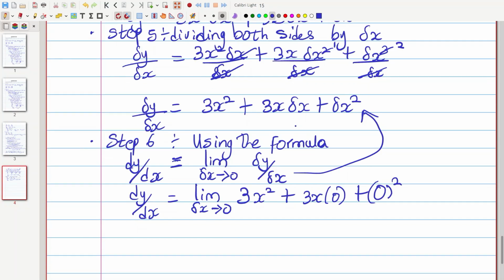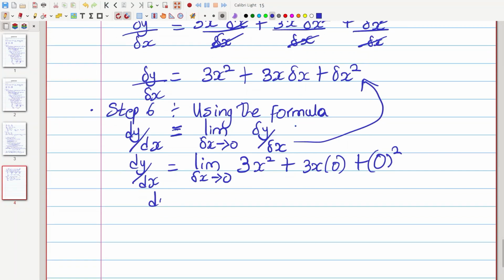So the final answer would be dy dx is equals to 3x squared, because this will turn to 0 and this is already 0. So this is our final answer for y is equals to x cube.